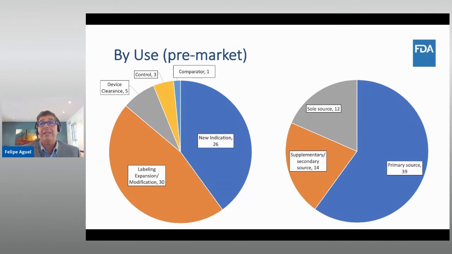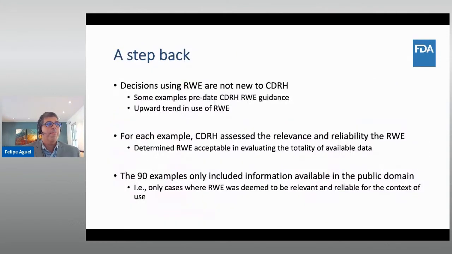And in 39 cases, it was the primary source. There are many instances where multiple data sources are combined, and that includes combining the real-world evidence with traditional clinical trial data. And that's how we categorize whether it was a primary or a secondary or supplementary source on the right side of the graph. Next slide, please.